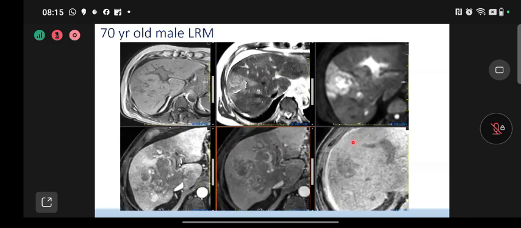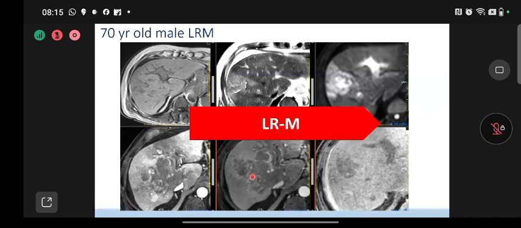Then you can have a lesion where there could be a thrombus, some wedge-shaped infarction, and an ill-defined lesion with peripheral enhancement. You know that this is a malignant lesion but not typical of HCC. So we are dealing with LR-M categories, which can be cholangiocarcinomas.